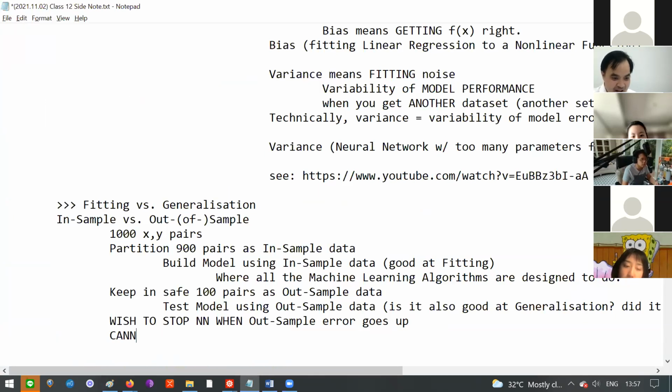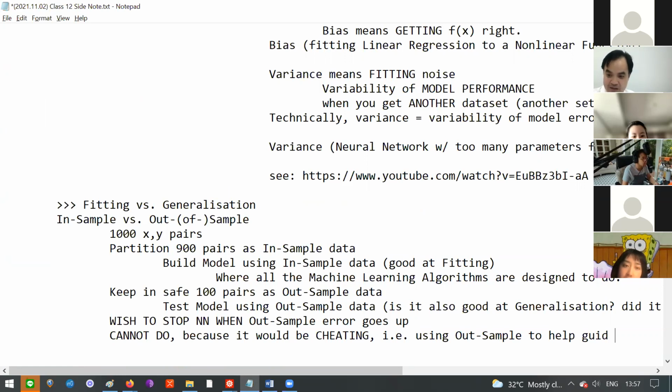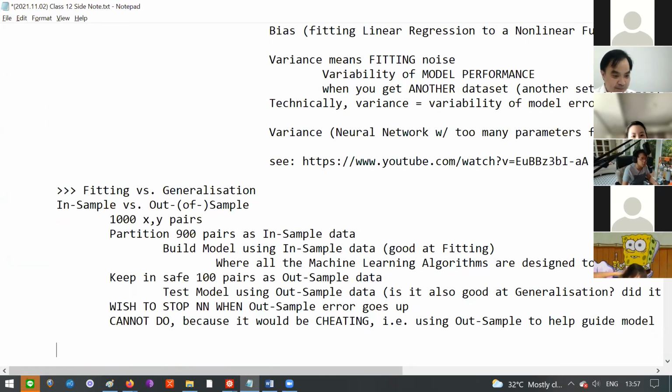You cannot do it the other way because it would be cheating, i.e. using out of sample to help guide model building. So how to get around it?